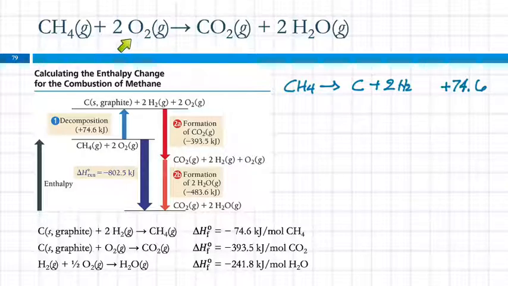And the other thing I need here, I need O2s. With compounds involved, I need CO2 on the product side. So here's CO2 on the product side. That would be carbon plus oxygen to make CO2. And I didn't do anything to that one, so that one's still the same, minus 393.5.